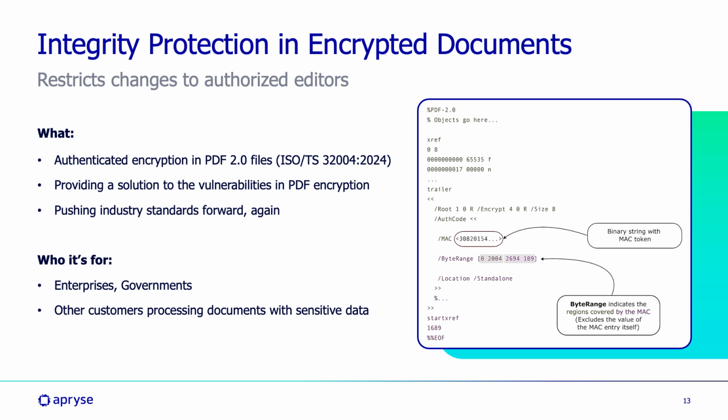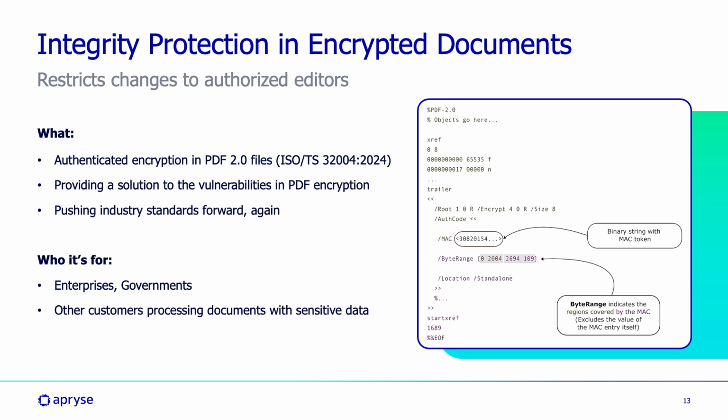So by introducing this message authentication code mechanism, and it's kind of a mouthful, with the MAC key derived from the file encryption key, this enables recipients to verify that encrypted PDFs have not been tampered with. So it will protect you against malicious modifications of the PDF file.